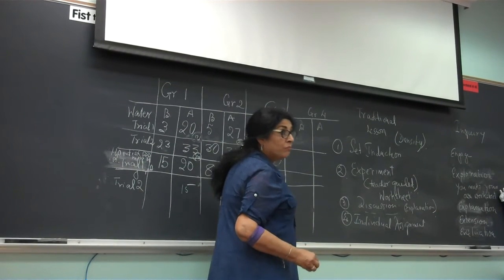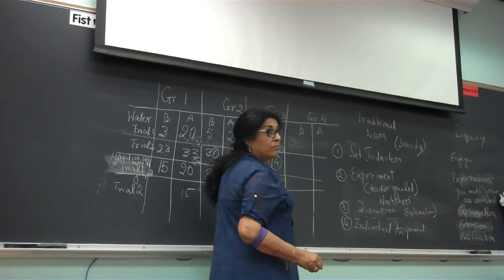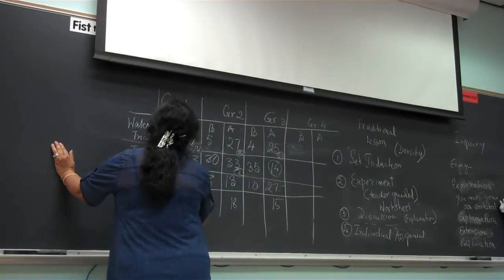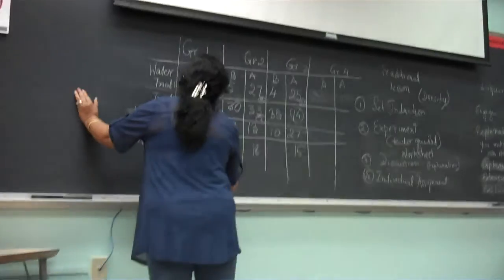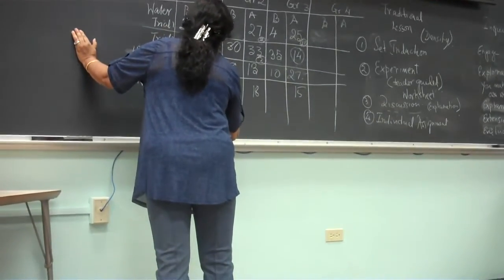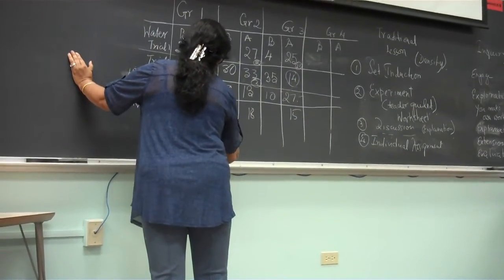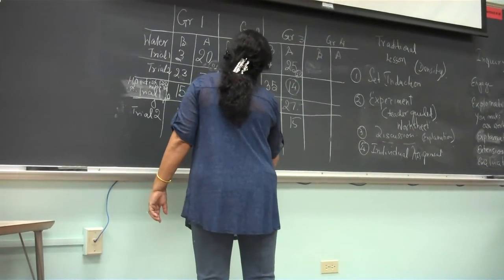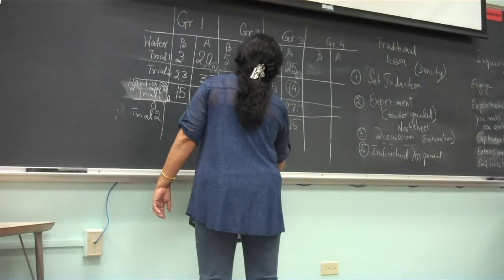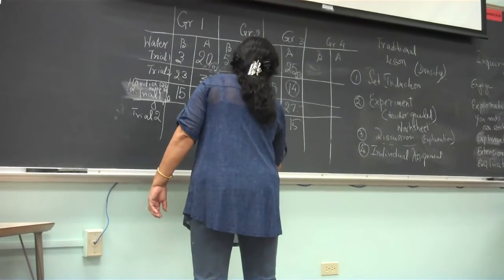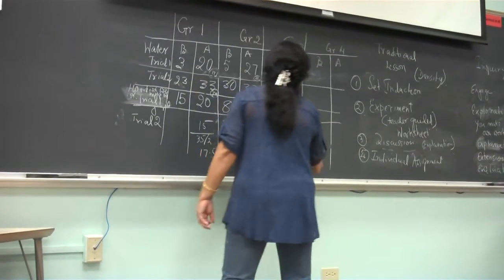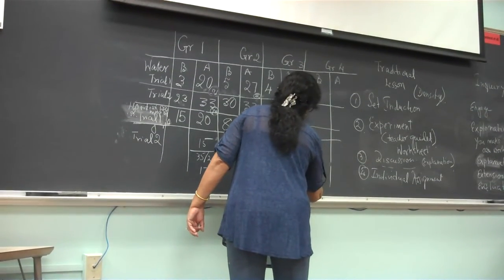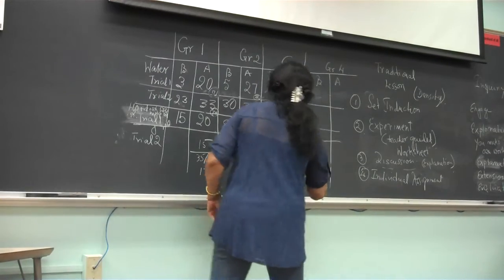So if I add this 20 plus 15 and divide it by 2, it will be 17.5. If I add 13 plus 18, it will be 31, divided by 2 will be 15.5. And if I add this one, 42 divided by 2 will be 21.